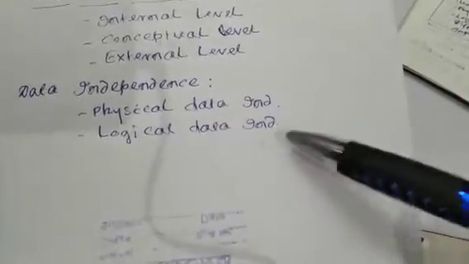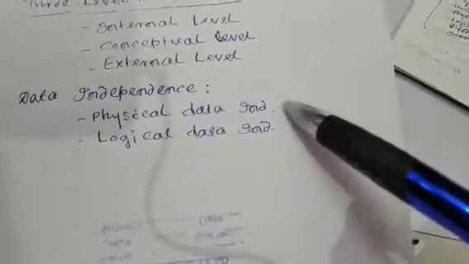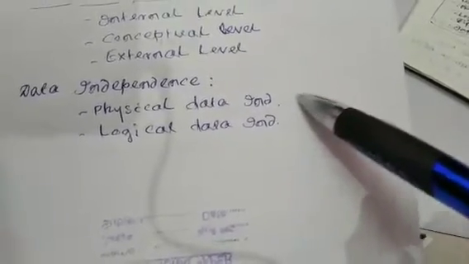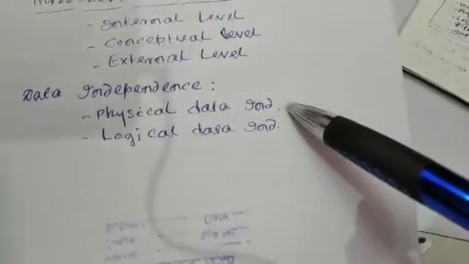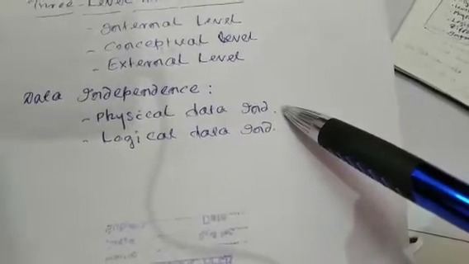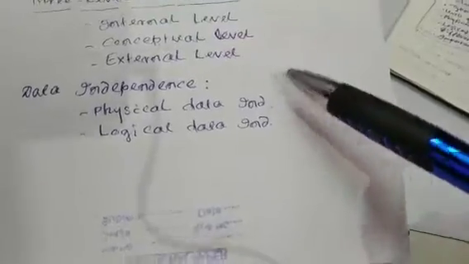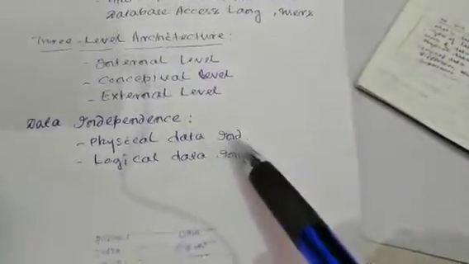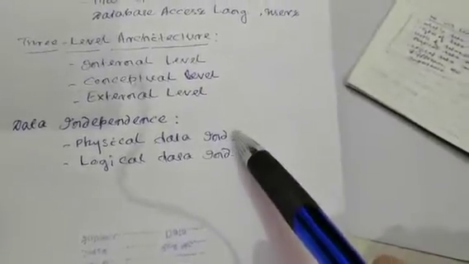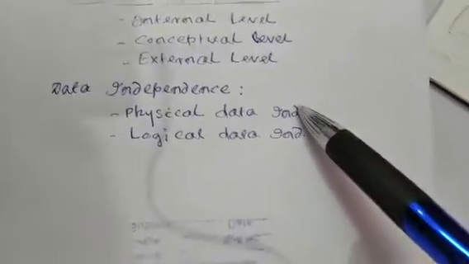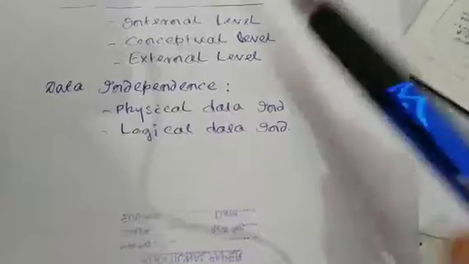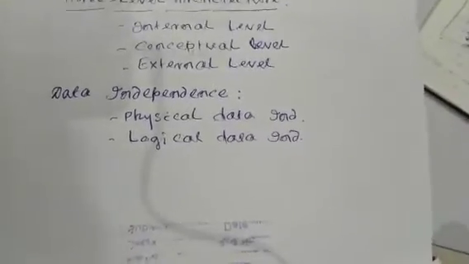Physical storage organization and storage device can be changed, but without changing the conceptual schema. Suppose you want to change the physical storage of this database system, there is no need to change the schema of program level or external level.